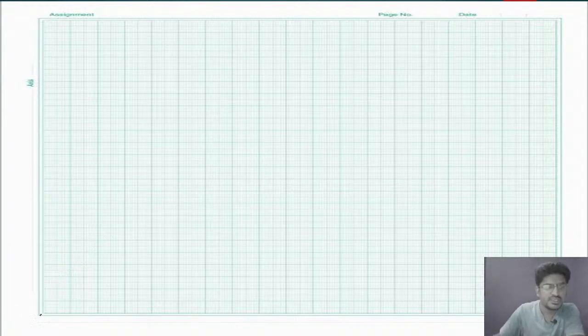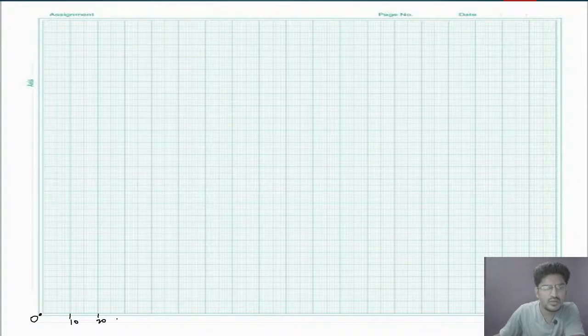So this is 0. Here you can see, okay, I can take it as 10, 20, 30, 40, 50, 60, 70, 80, 90, and this is 100. Here also you can take the same.